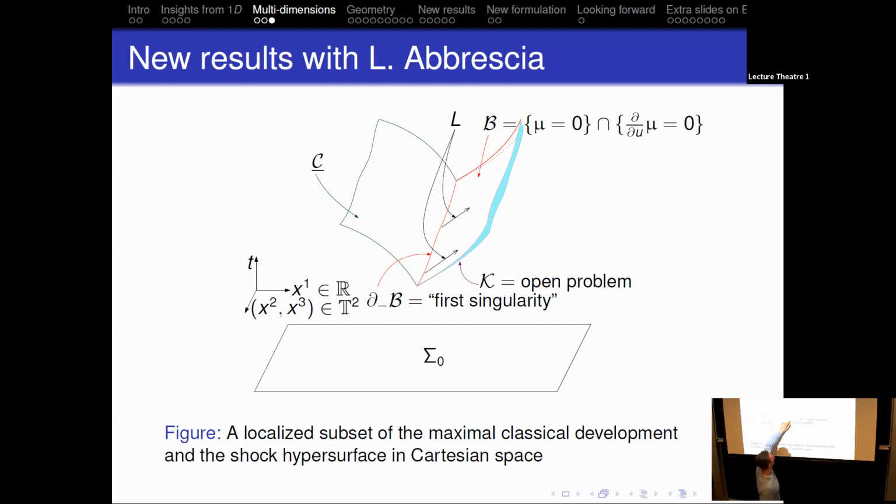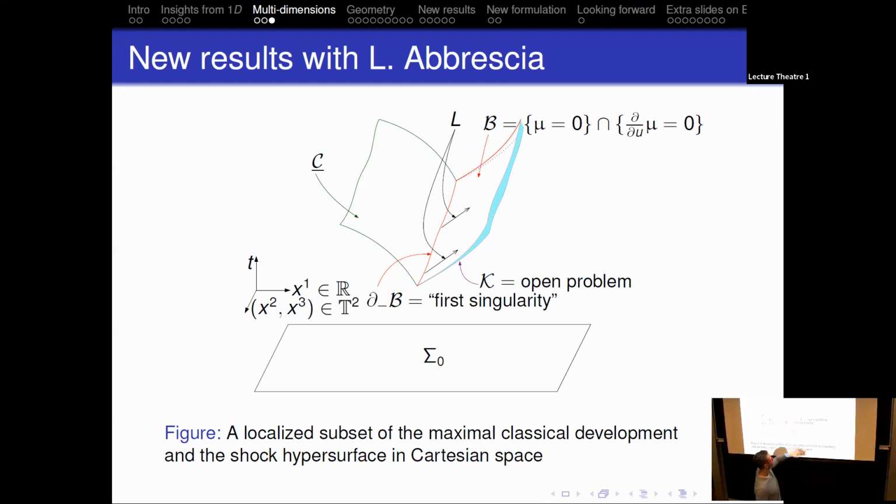And a singularity forms along this crease, this past boundary of the singular boundary B. And certain derivatives of certain fluid variables blow up along the singular boundary B. And the solution is smooth all the way up to B.